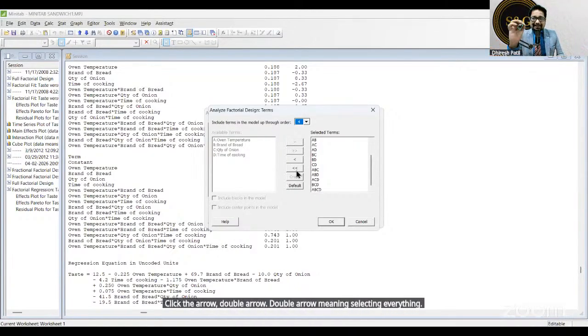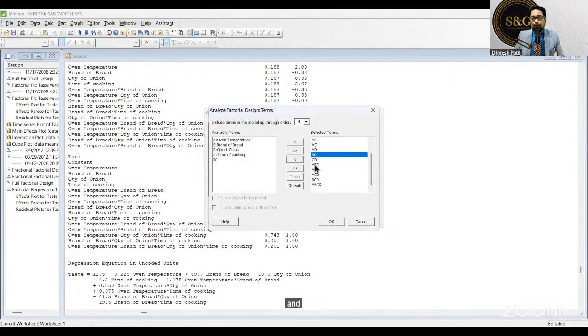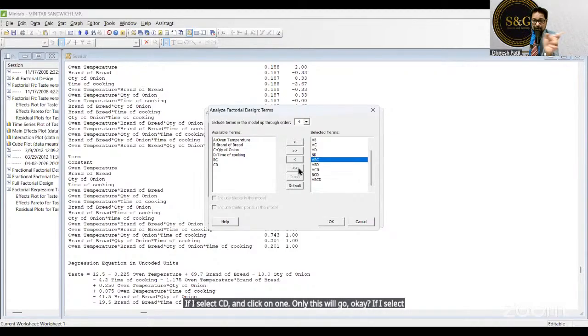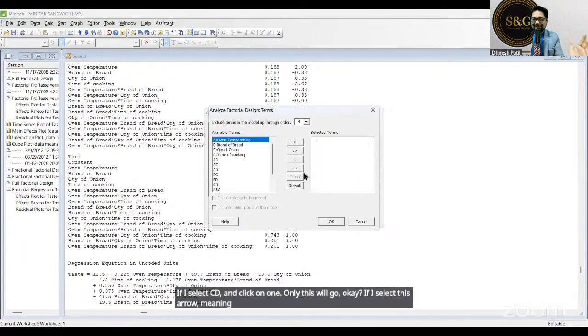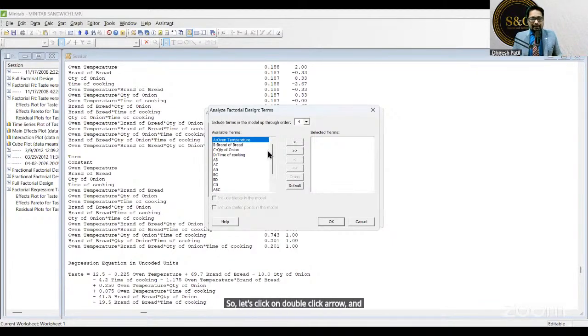Single arrow means selecting one by one. For example, if I select BC and select single arrow, only BC will go on this side. If I select CD and click on one, only this will go. If I select this arrow, everything will shift on this side. So let's click on the double arrow and everything should select.